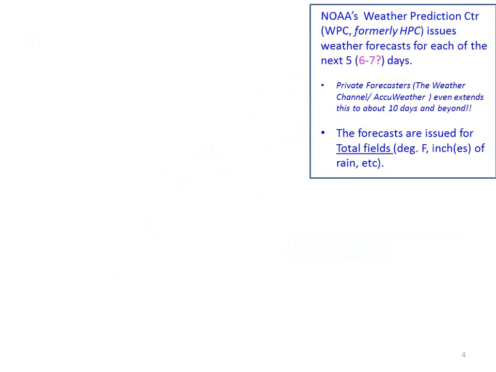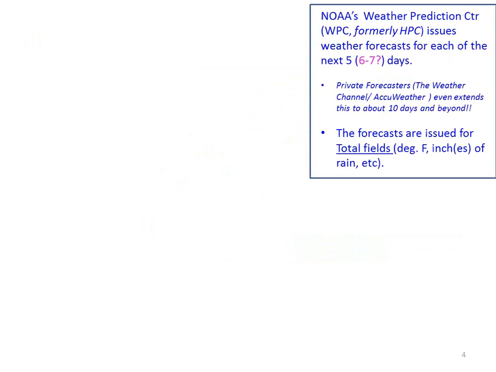In fact, the Weather Channel puts it up to day 10. That is for temperatures, or precipitation with so many inches of rain, in absolute numbers. This is what we call weather. When we talk about tomorrow's weather, we don't say it's going to be 4 degrees cooler than climatology or some normal. We talk in terms of total numbers.